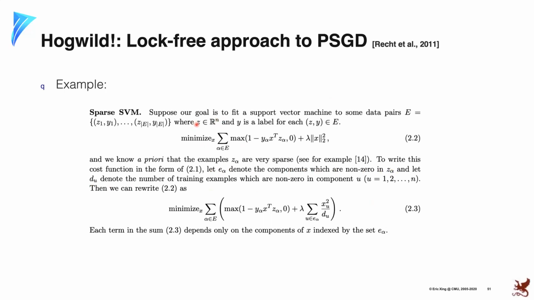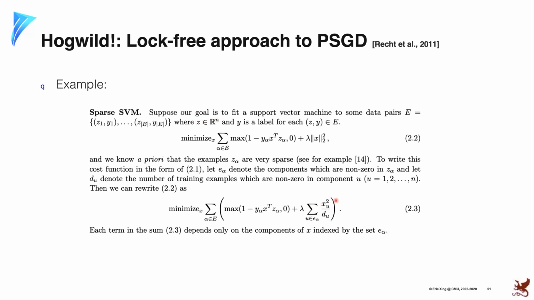So in this way, we can rewrite this loss function into this. Basically, the revision is about the last part, right? Essentially, for the x we are touching, this x will only be called when the corresponding z's dimension is non-zero.